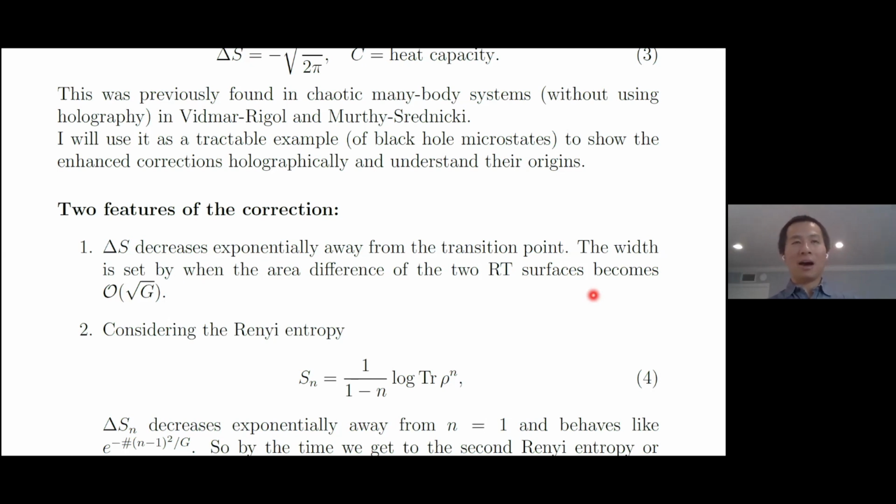And if we go order 1 far away from the transition point, we're not going to see this correction. This correction will be exponentially small by then. So this is why we call it an enhanced correction at a transition.